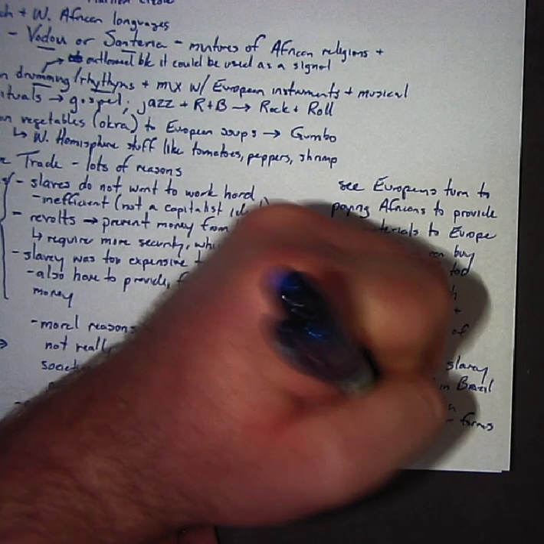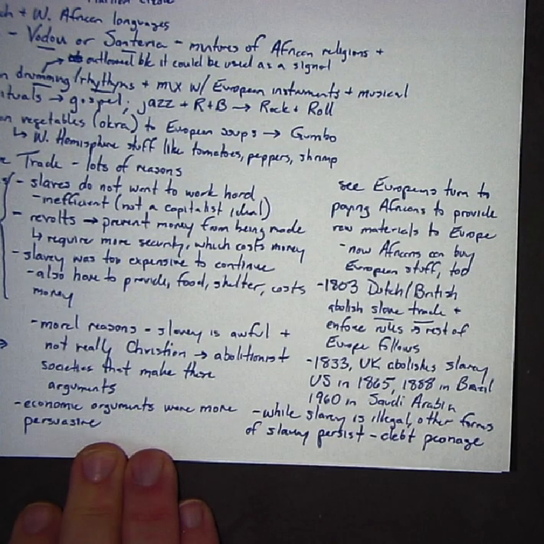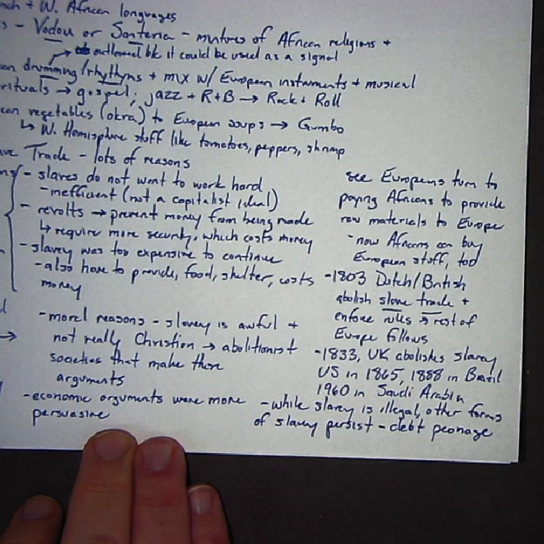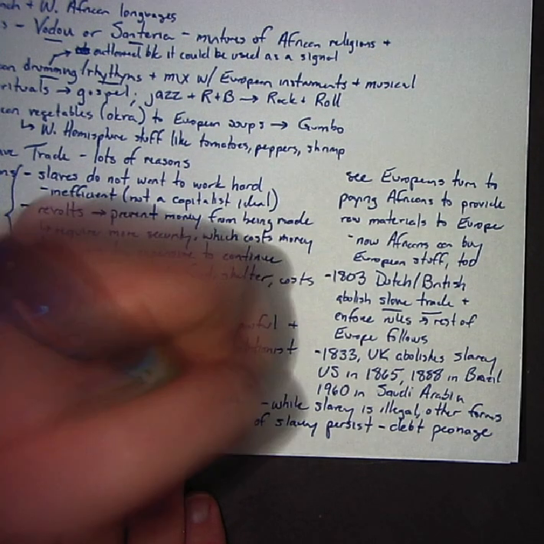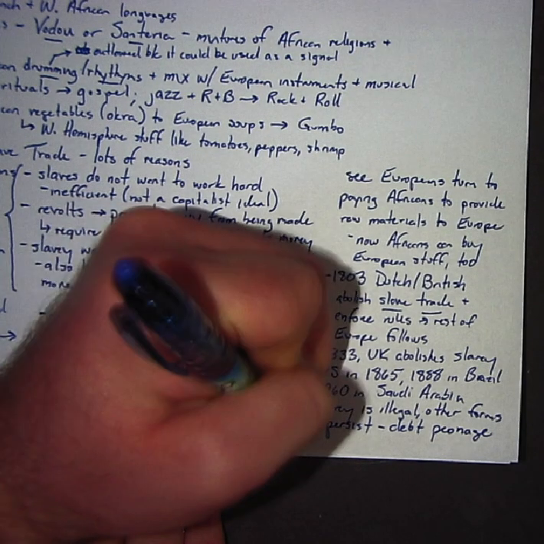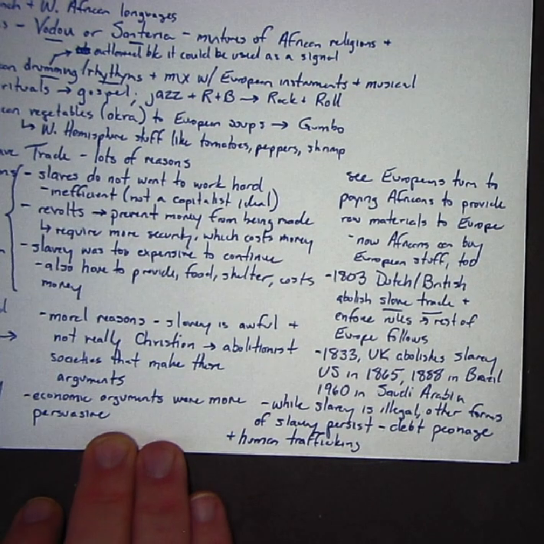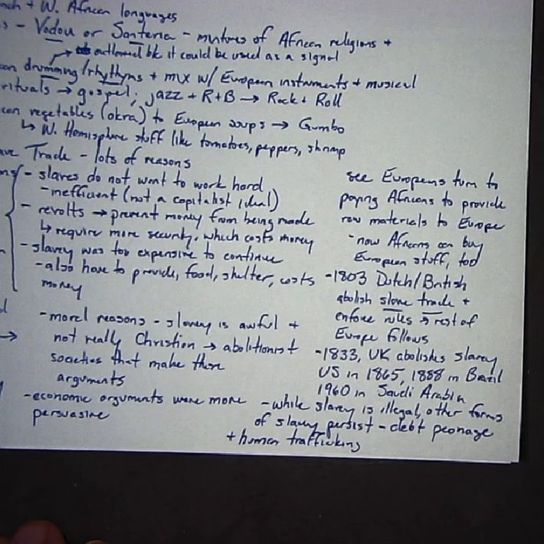Things like debt bondage, like debt peonage. Basically, the hacienda system, which we talked about in chapter 24, that still exists. And human trafficking. These things still exist. They just operate under the radar. They're unofficial things, but they're still forms of slavery, and we're still dealing with them today.